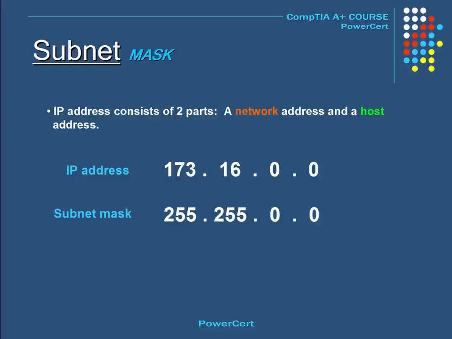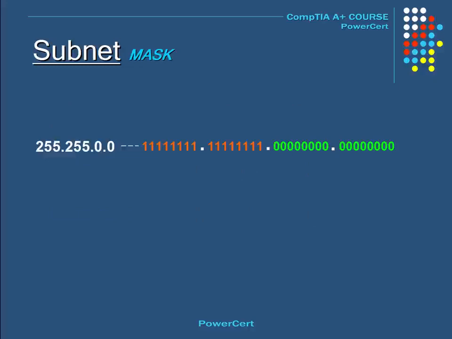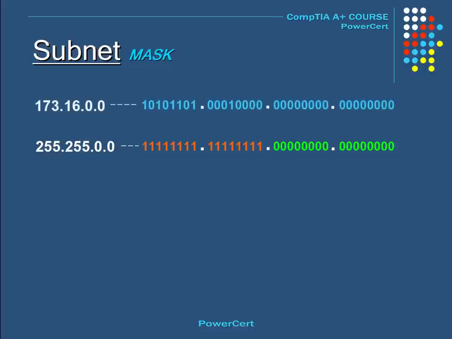So in this subnet mask, the first two octets are 255. So if we were to look at this subnet mask in binary form, the first two octets would be all ones, because when you count all the numbers in an octet, it will equal 255. Now let's go ahead and add our IP address with its binary form.